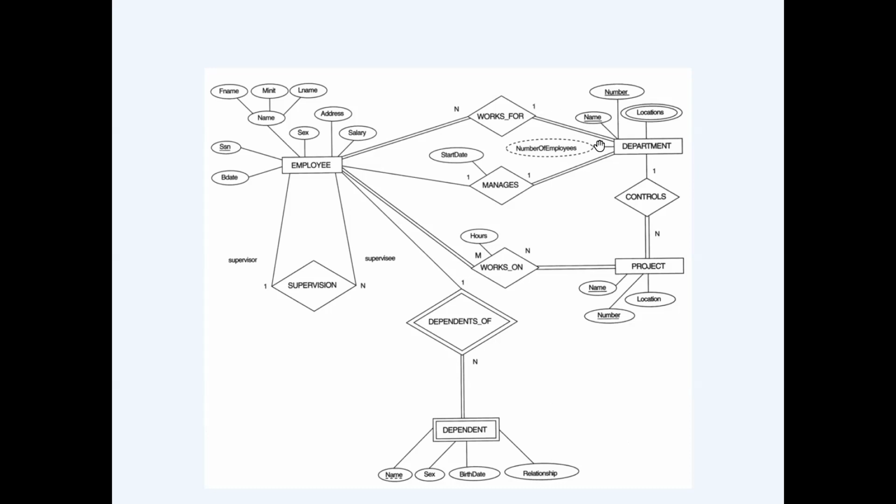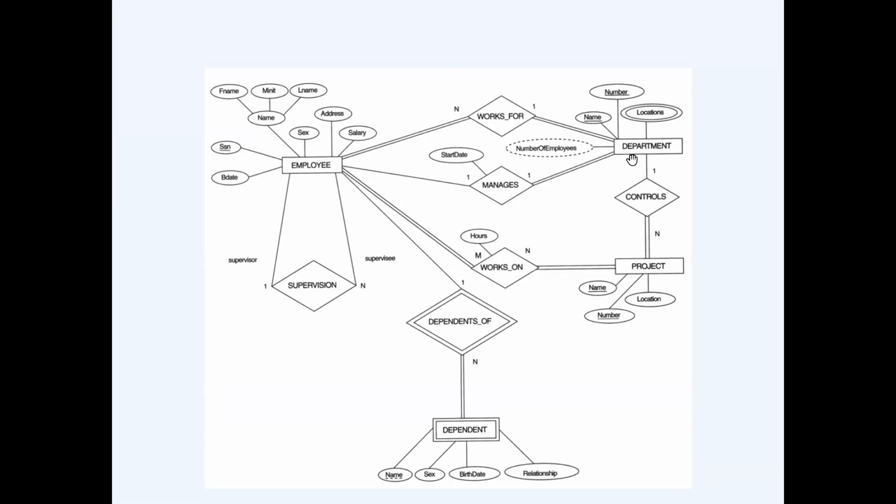Right. Let me go the other way around. Take the department. How many employees work for the department? Of course, you have to have more than one, right? It's called many. So we put N here. So this is known as many to one, or you can say one to many relation, right? Okay.